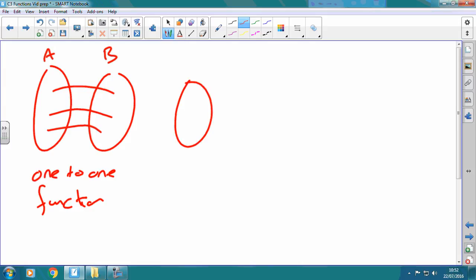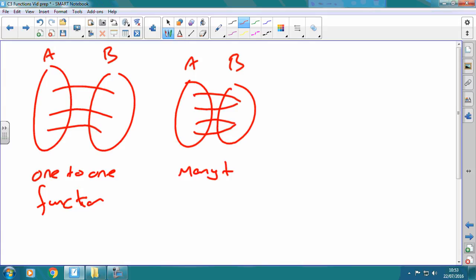And what we had with the x squared, where we've got two of them going to 1, is a many-to-1 function.